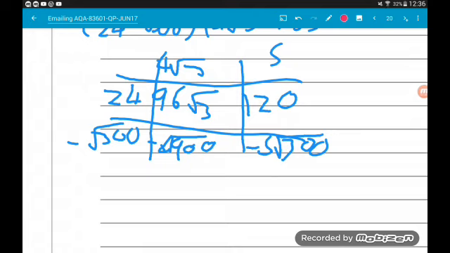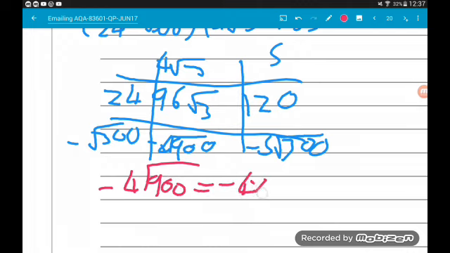It's actually a square number. 900 is 30 times 30. So, minus 4 root 900 is minus 4 times 30, which is minus 120. So, there's that sorted out.